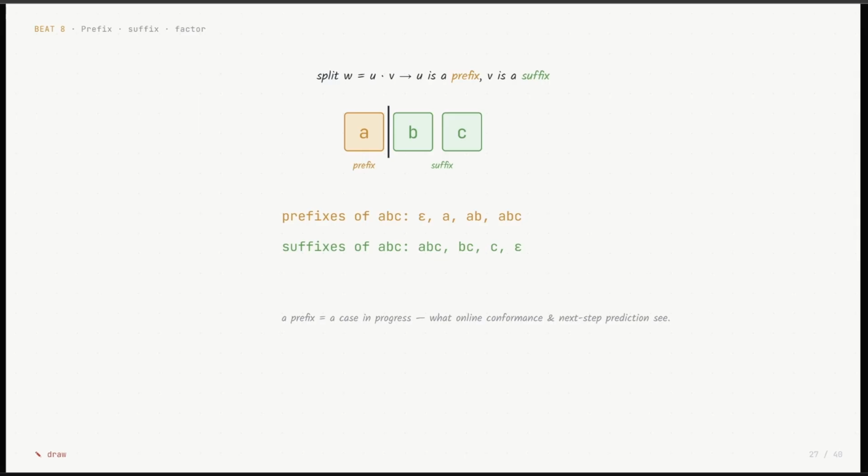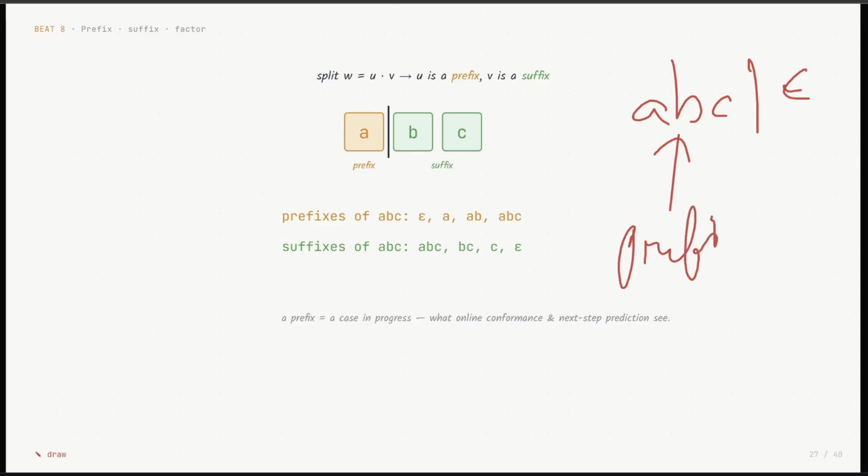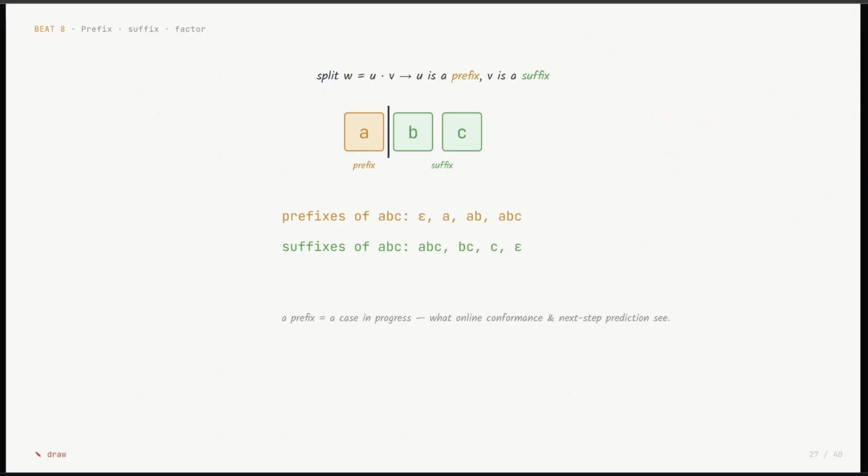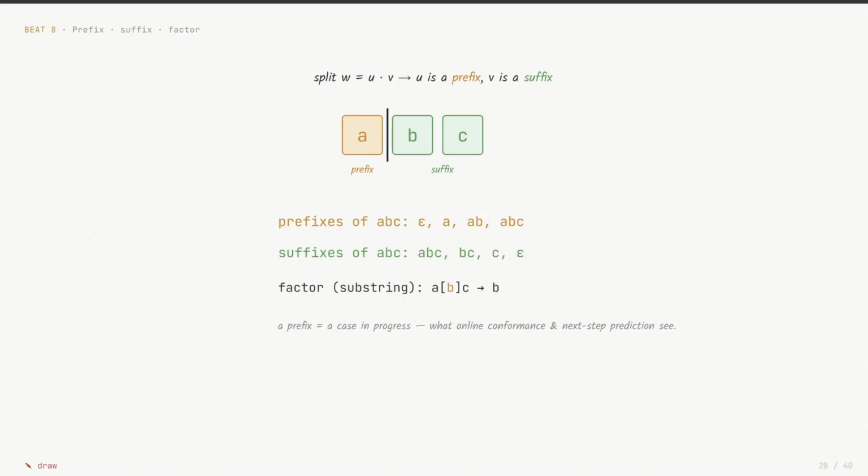So this is the set of all the prefixes of ABC. And as you can see, ABC is a prefix to itself. The reason is you can take ABC, stick the empty string here, and say, okay, ABC is the prefix, and the empty string will be the suffix. And the same goes for the suffix, but from the opposite side, of course.